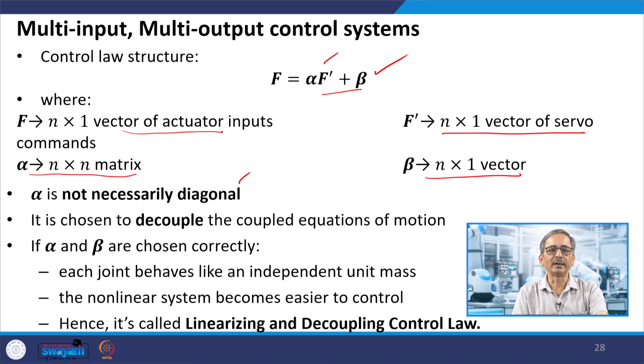It is chosen to decouple the coupled equations of motion, and if alpha and beta are chosen correctly, each joint behaves like an independent unit mass, and the nonlinear system becomes easy to control. Hence it is what we have been discussing earlier, the linearizing and decoupling control law.